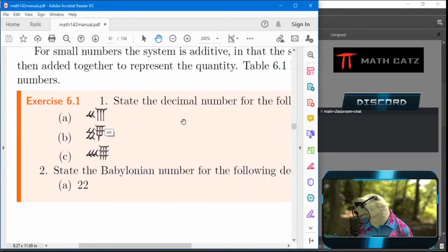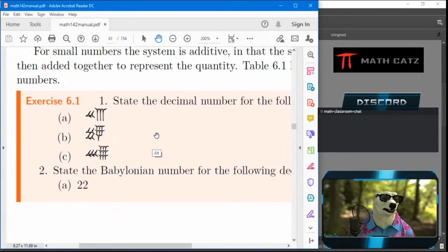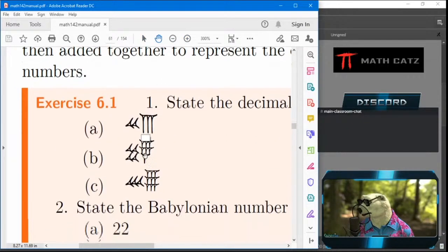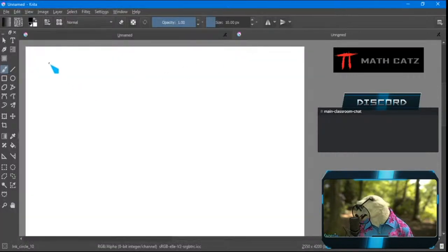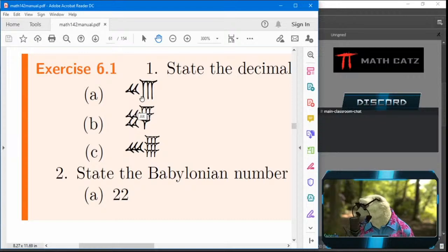First kind of conversion in exercise 6.1 is, of course, given a Babylonian number, what is the corresponding decimal number? So let me just number this. Exercise 6.1, number 1A. I'm not going to copy it. We can just look at it.